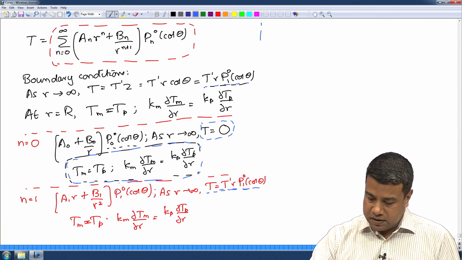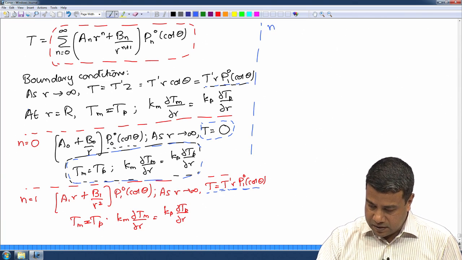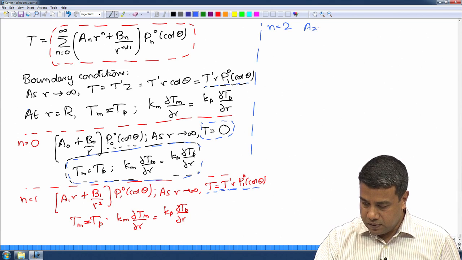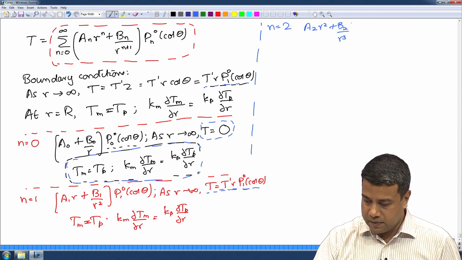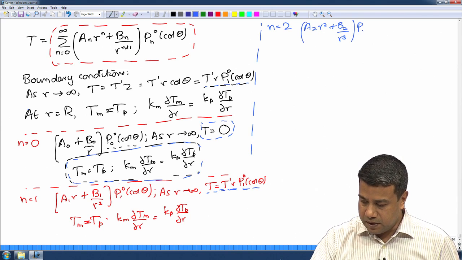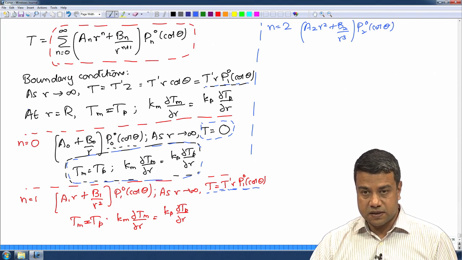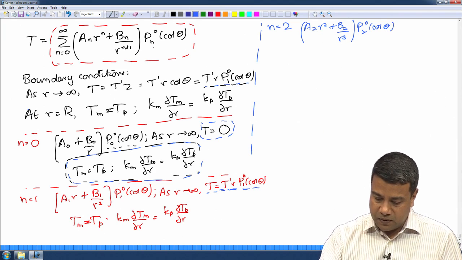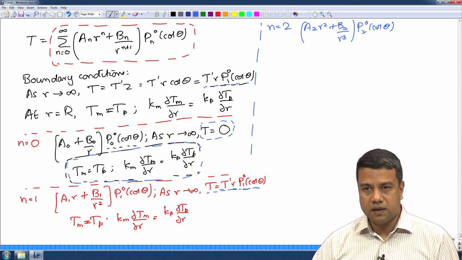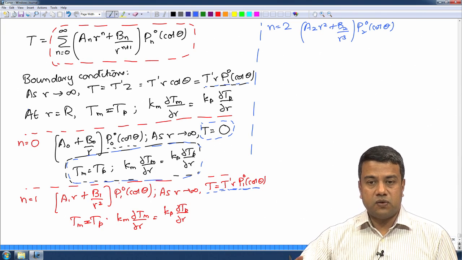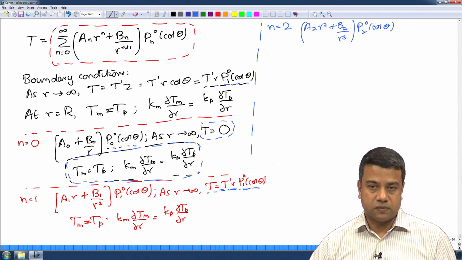Similarly, if I were to do it for n is equal to 2, for example, I will get a2 r square plus b2 by r cubed, P2 of cos theta. For this, once again, the forcing is 0, because the forcing is of the form P1 of cos theta, which is orthogonal to P2. So, as far as the P2 symmetry is concerned, the forcing is 0.